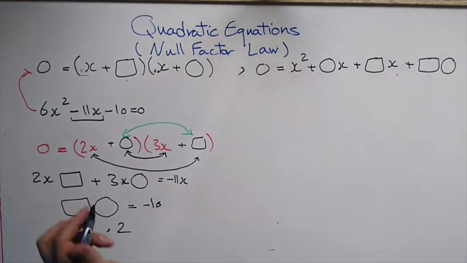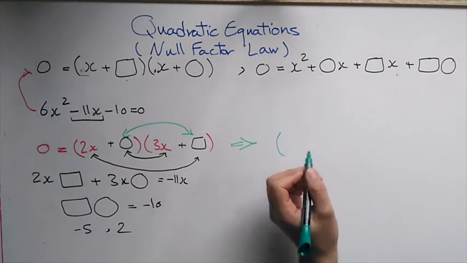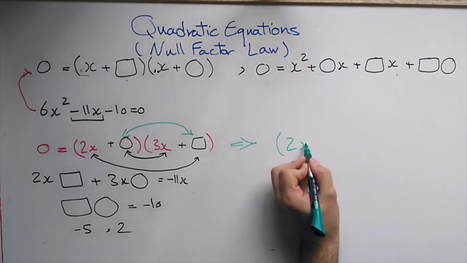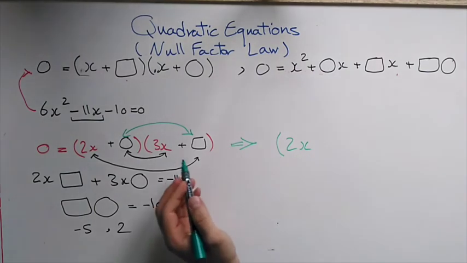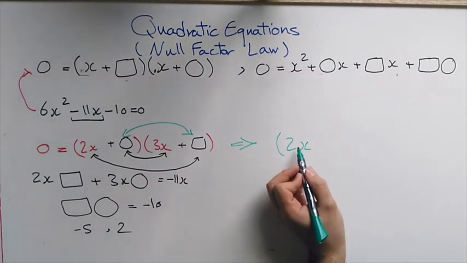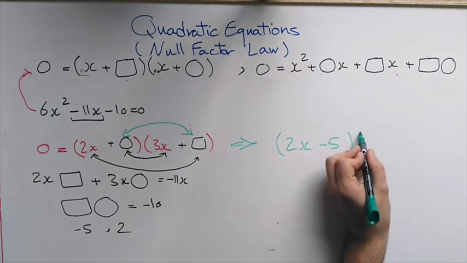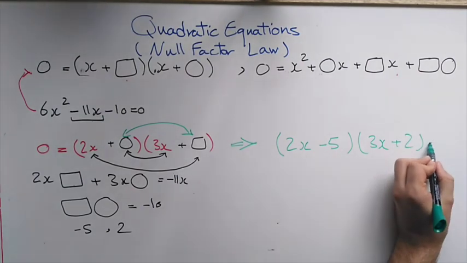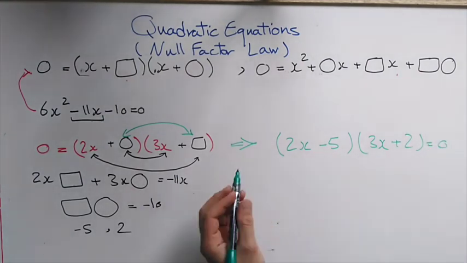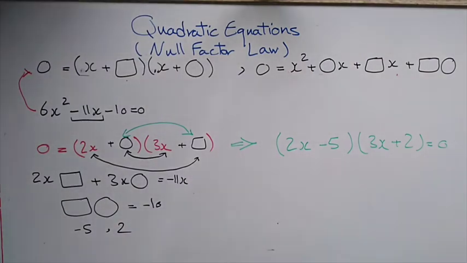Now we need to plug them in. If I put negative 5 and 2 in here, for example, I put 2x minus 5 times 3x plus 2 equals 0. Then we should test.